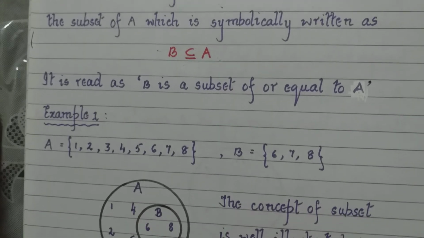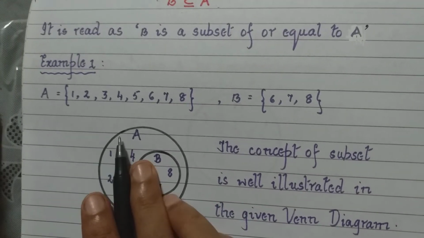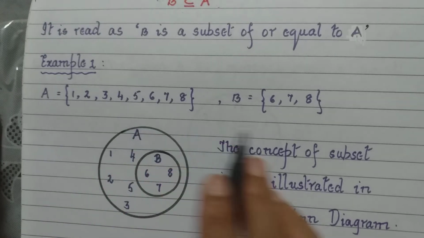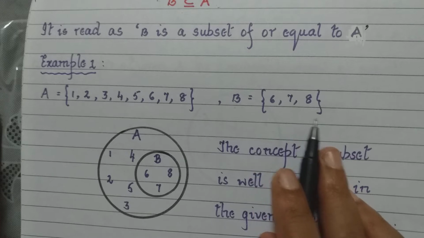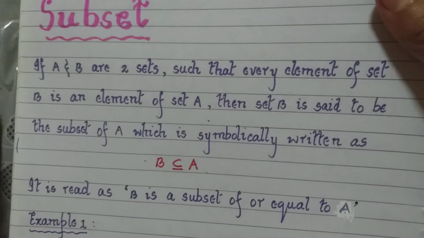Now let us see an example where we have the set A containing the elements 1, 2, 3, 4, 5, 6, 7, 8. B has the elements 6, 7 and 8. What was the condition given to us here?